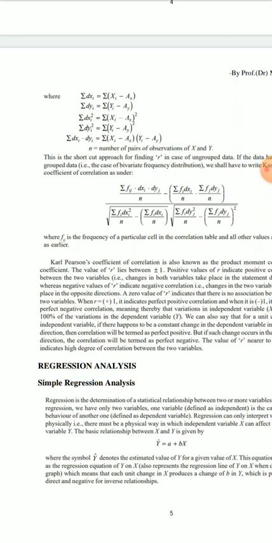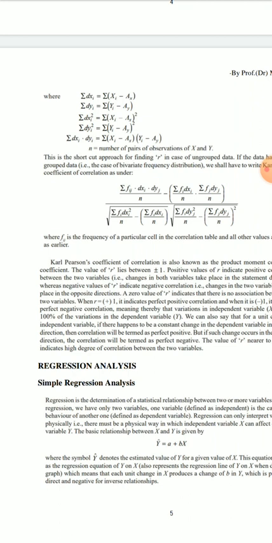Similarly, summation of dyi square is equal to summation of yi minus ay whole square. Here n is equal to the number of pairs of observations of x and y.